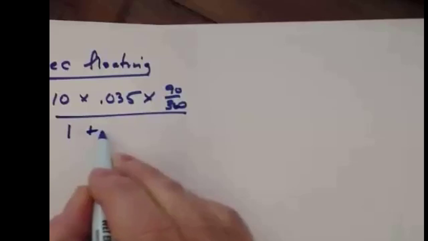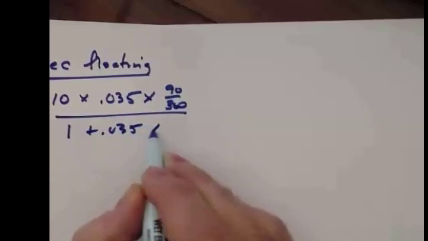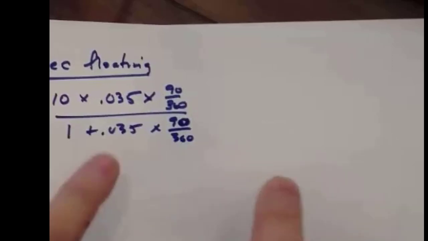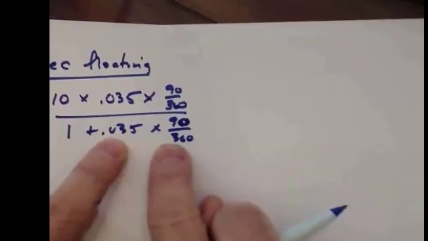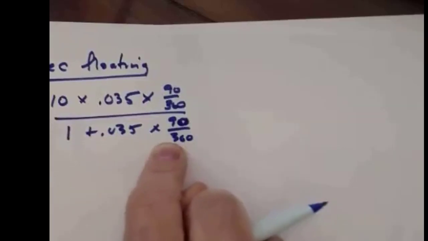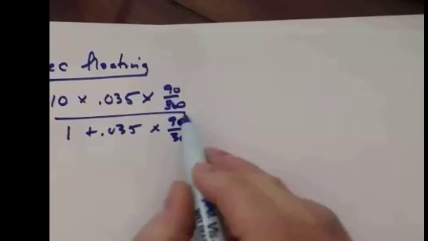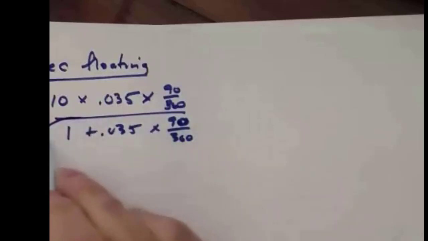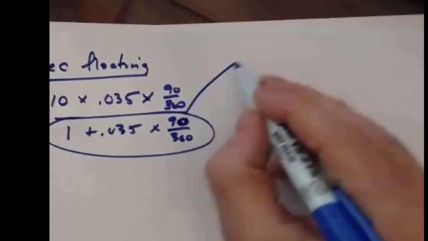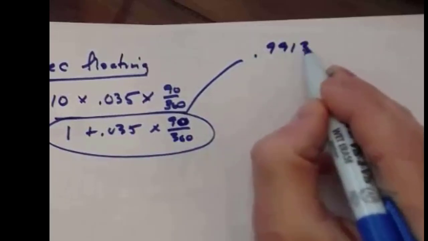But we need to discount that by 1 plus 0.035 times 90 over 360, roughly a little less than 1%. When we discount by a little less than 1%, 1 over this factor is 0.9913.